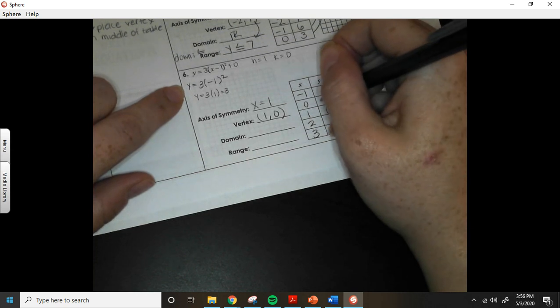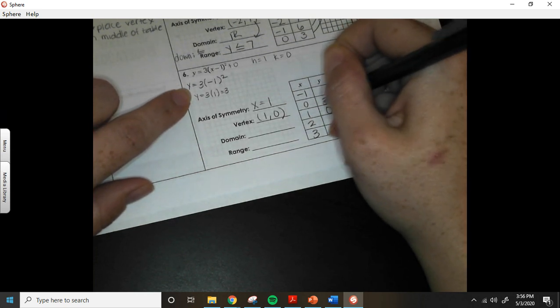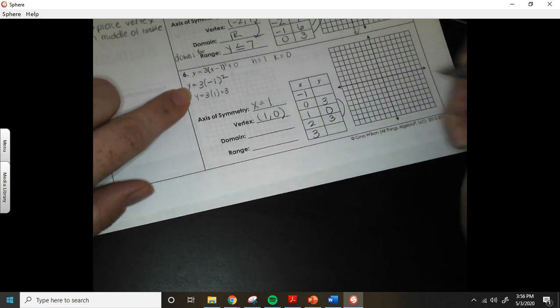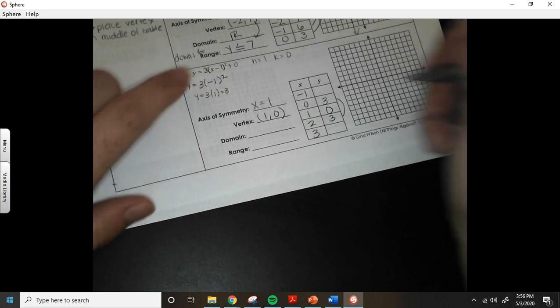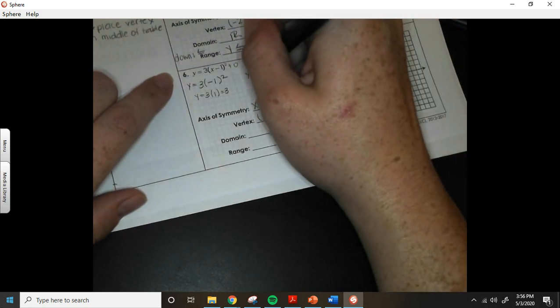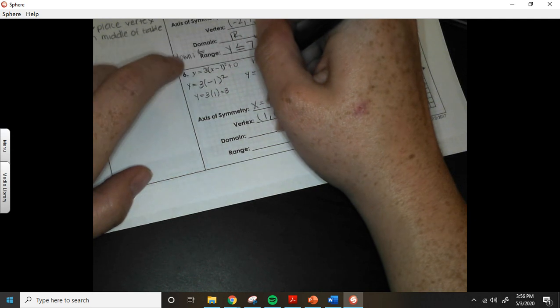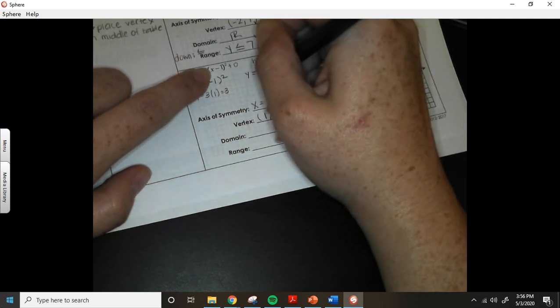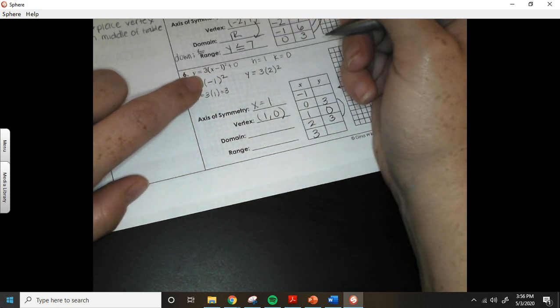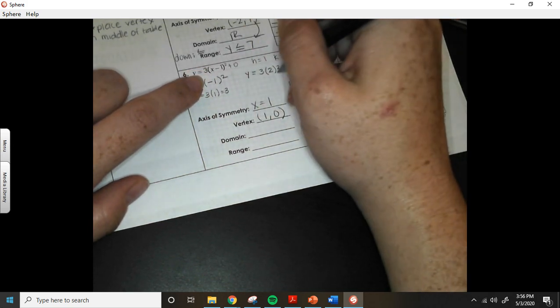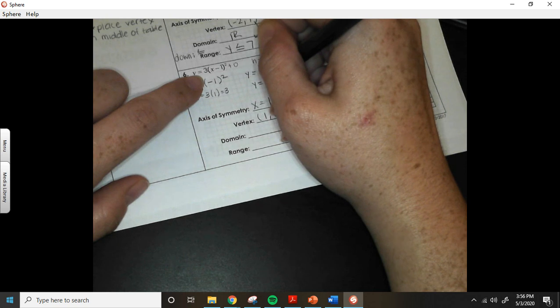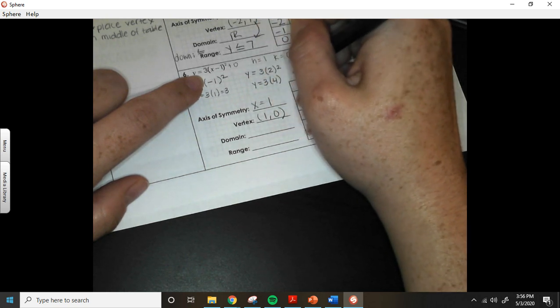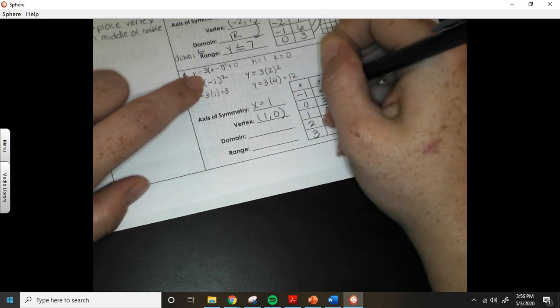So I just plugged in 0, and I got 3, which means I will get 3 here. And if I plug in 3, I'm going to get y equals 3 times, well, 3 minus 1 is 2, so 2 squared is 4, y equals 3 times 4, which is 12.